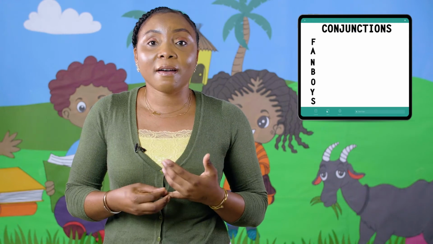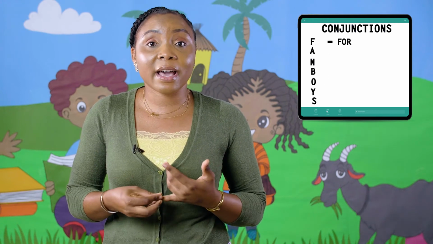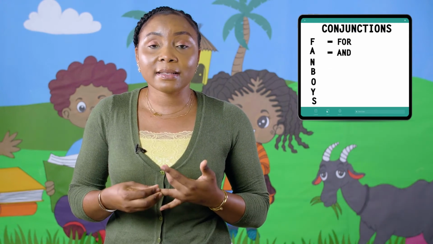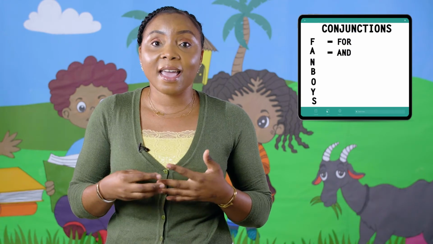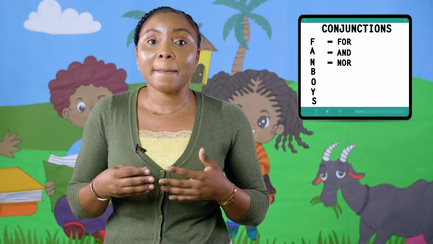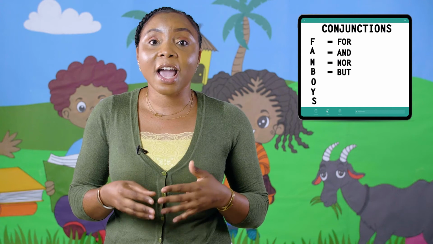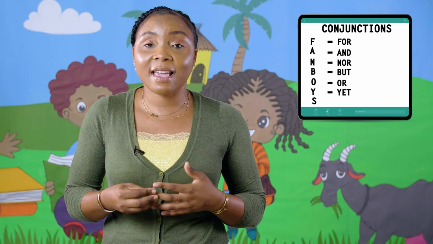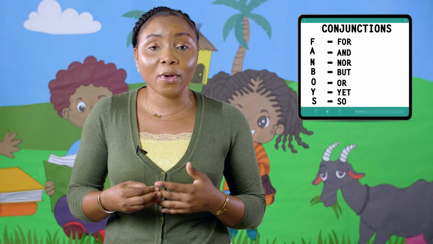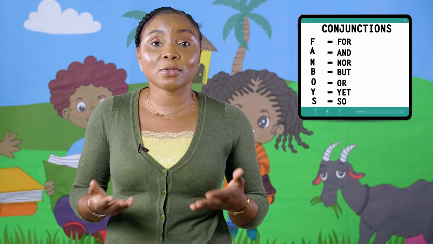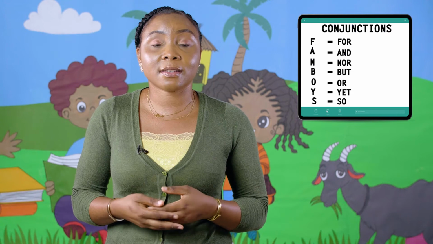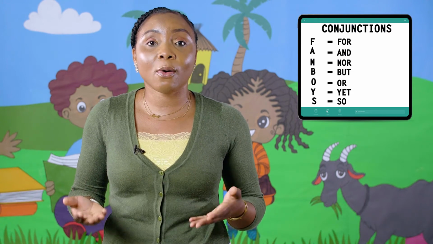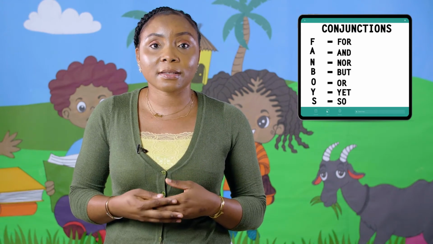We have F signifying for, A standing for and, N for nor, B for but, O for or, Y for yet, and S for so. These conjunctions are used to join two sentences together, and they are called compound sentences.